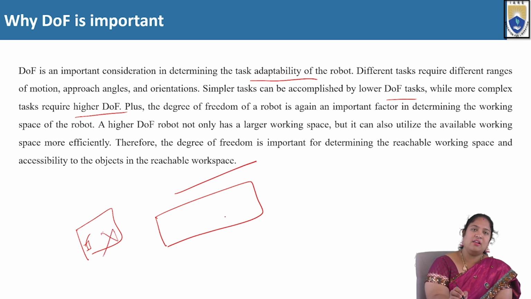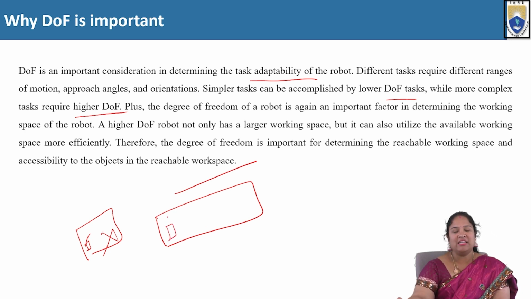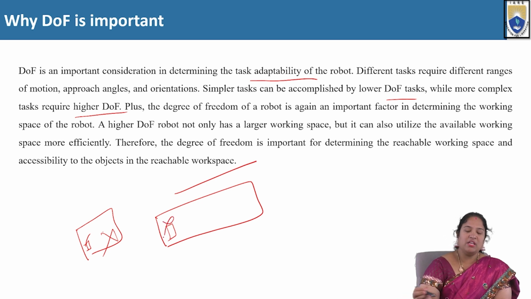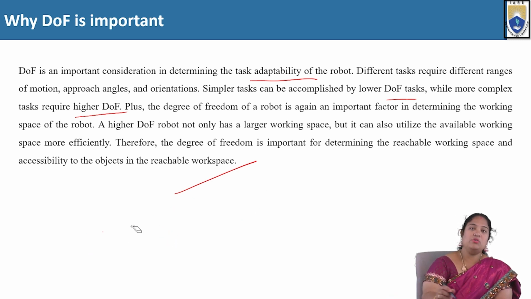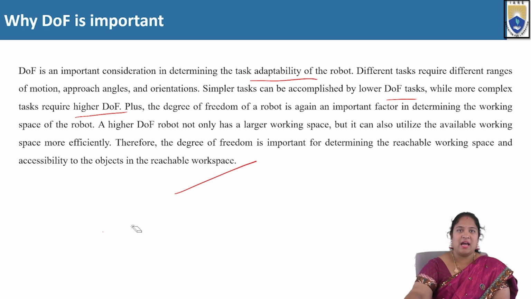And for a larger industry, if we take a smaller robot with a single degree of freedom, will it be possible? No. So depending upon the environmental conditions and the type of industry, the robot selection will be done. A robot with a higher degree of freedom will be considered for a large working space, and a robot with a smaller degree of freedom will be applicable for small scale industries doing minor works, right?